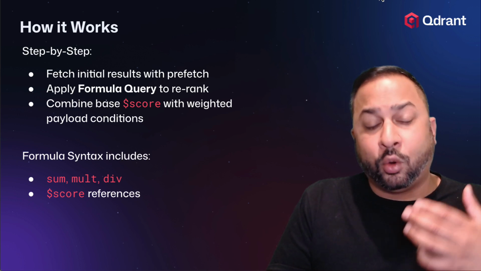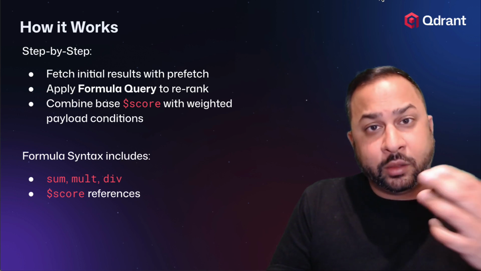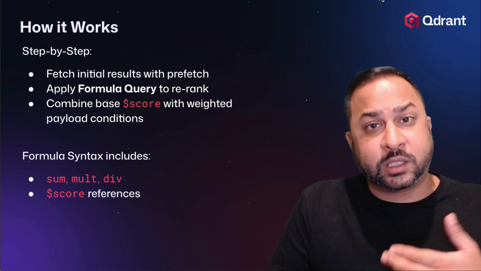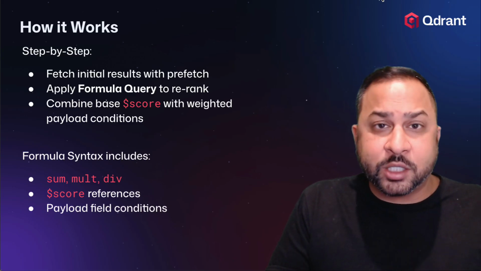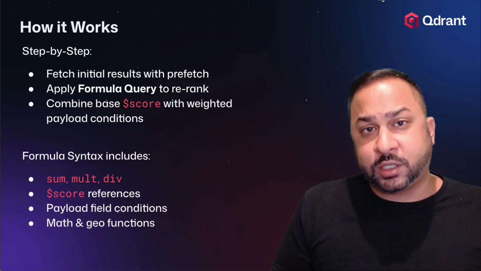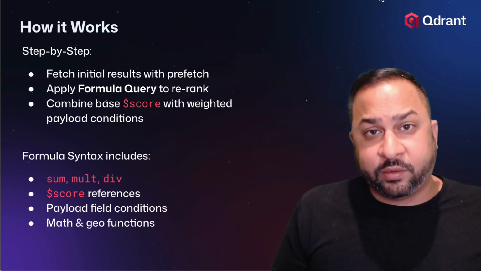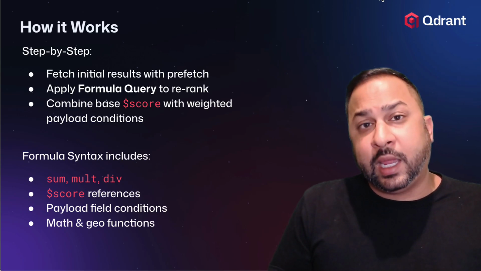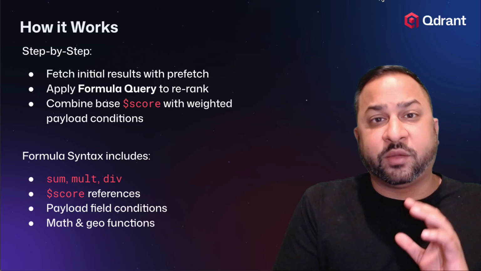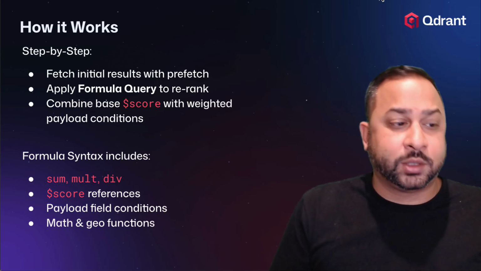It also includes score references for making other types of sophisticated expressions. You can include field conditions, and you can include math and geo functions. So you actually can do quite a lot with the score boosting functionality in Qdrant, and that allows you to, again, build sophisticated business logic and business rules.